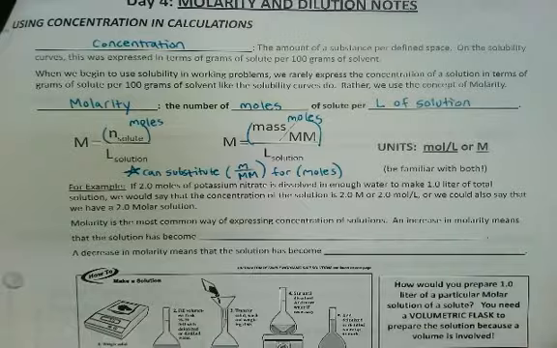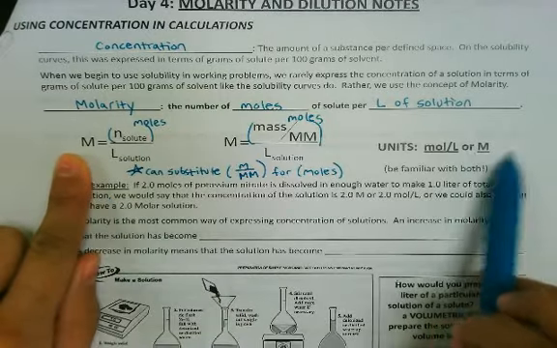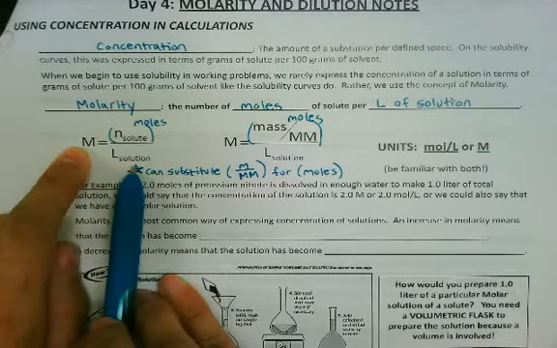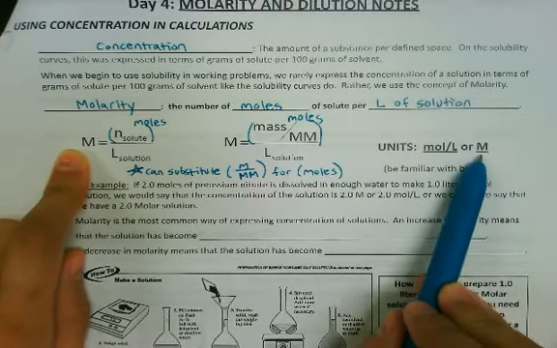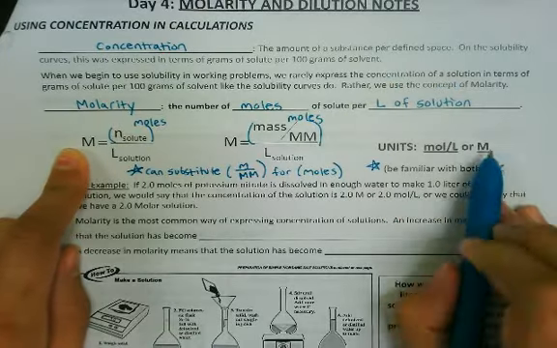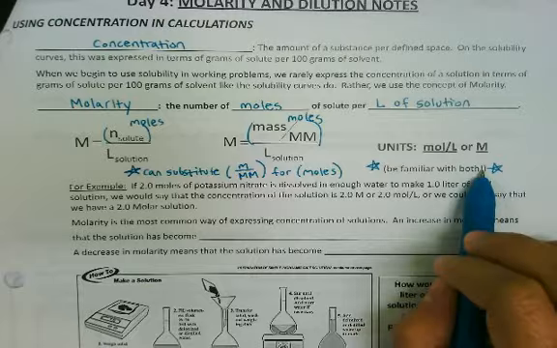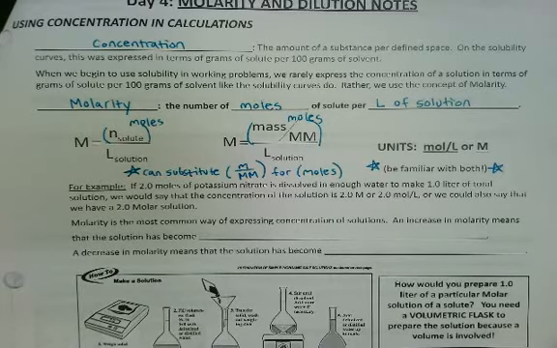And our units for this measurement of concentration are going to be moles per liter, which is what we divide by here, moles per liter, or just capital M. So please be familiar with both the moles over liters and the capital M. They are interchangeable. And you will need to know that for later problems that we do today in class.